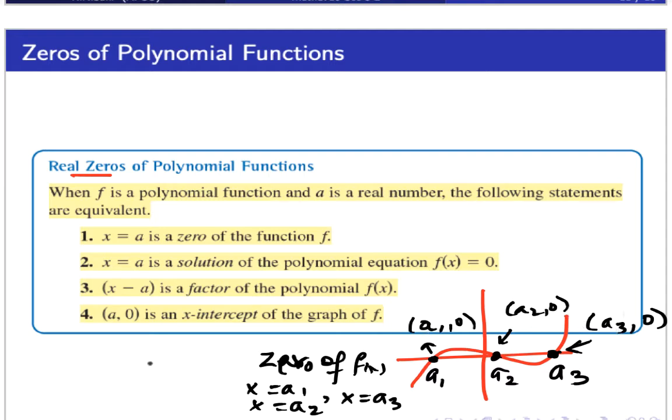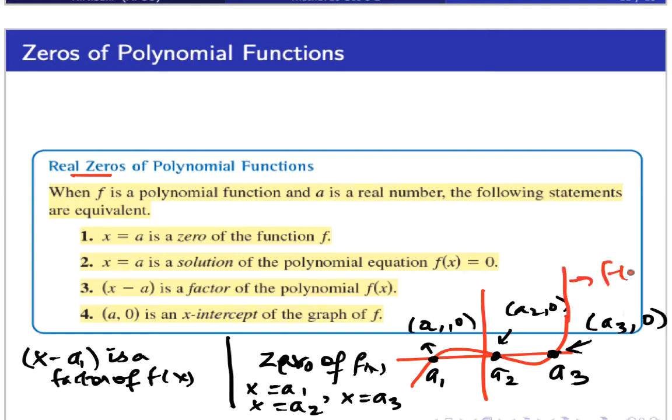Or we can say x minus a1 is a factor of the polynomial, a factor of this function f(x), or x minus a2 is a factor of f(x), or x minus a3 is a factor of f(x). So these are different ways of saying the same story.